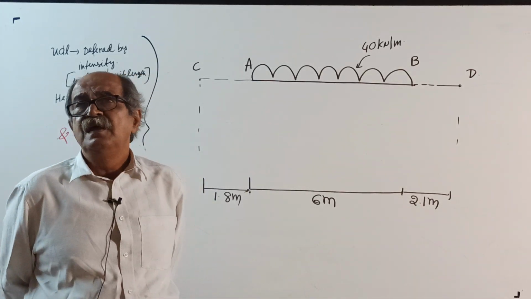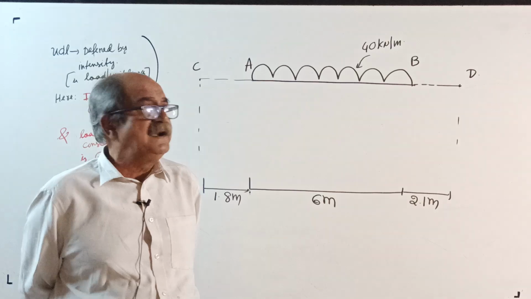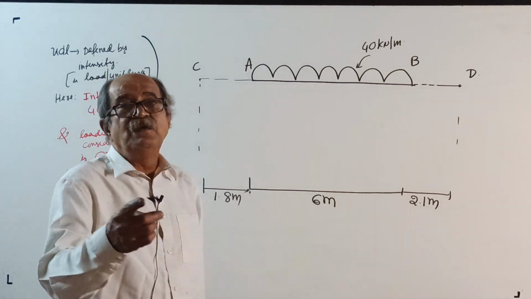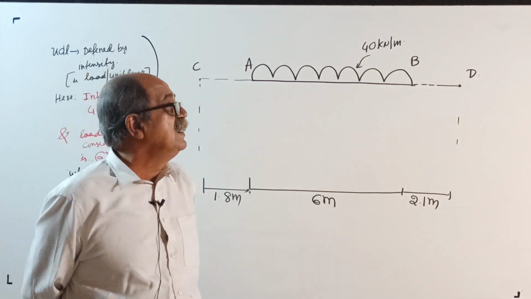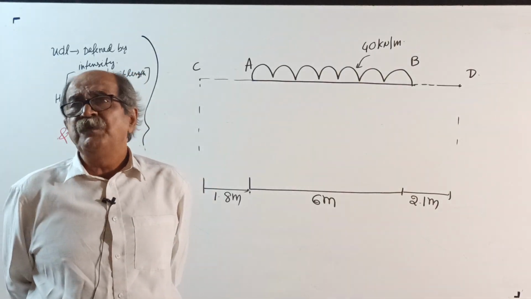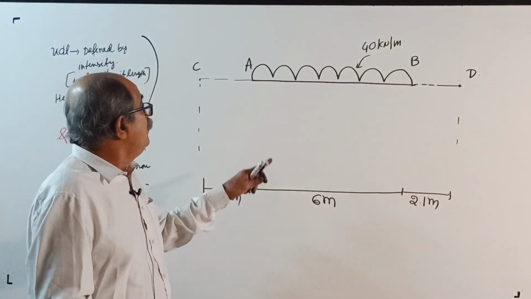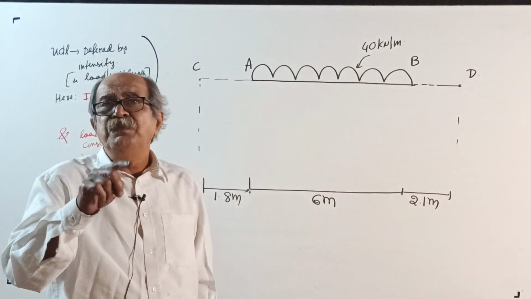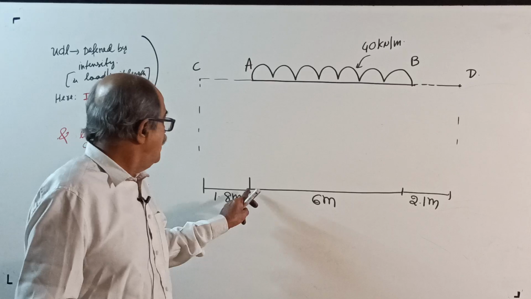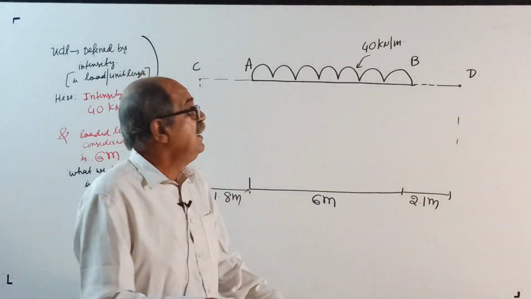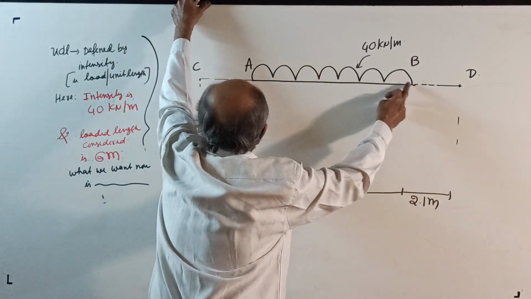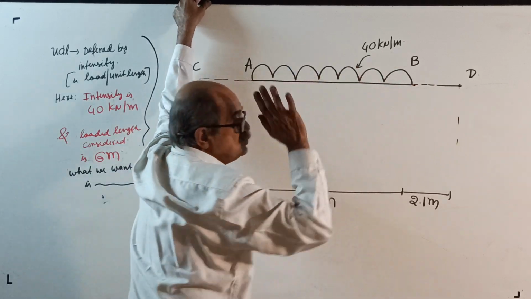Second one, direction. Third one, where is the line of action of the total load? And fourth one, we want the moment of that total load for the entire loaded length of 6 meter about A, B, C and D. Okay, start.